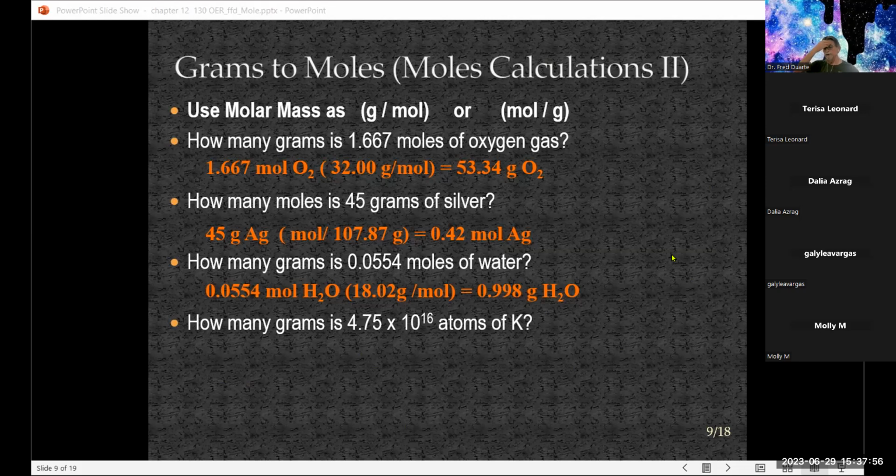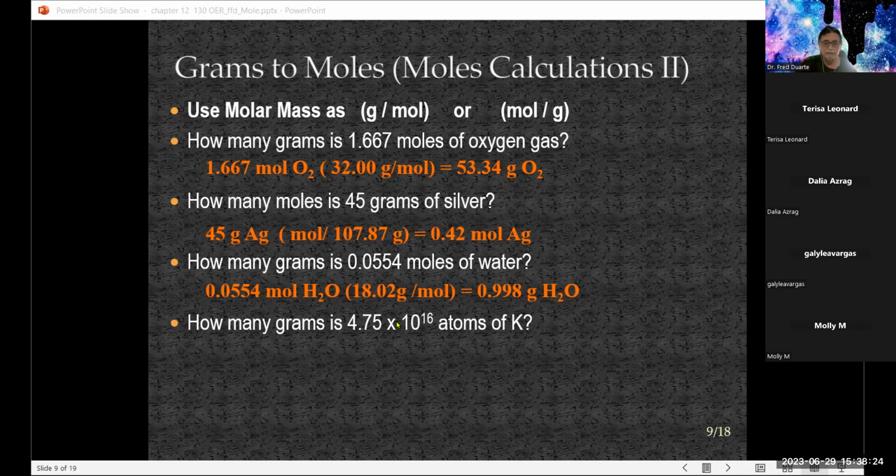Remember, the middle unit to get us from bananas to oranges is moles. So I need to convert the number of atoms of potassium to moles of potassium. Once I have that, based on the atomic weight of potassium, I can go to grams. You see how that works? Moles is our middleman.